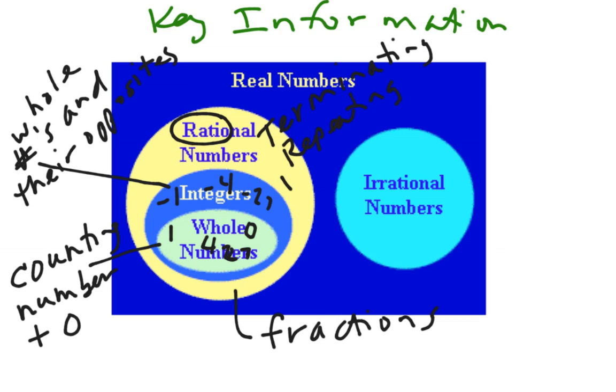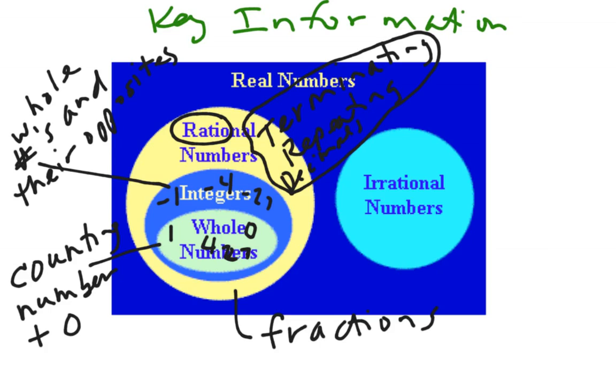So you need to draw your picture big enough to fit all this stuff in. Those are part of the set of rational numbers. Repeating decimals and terminating decimals also belong in the yellow circle of rational numbers.